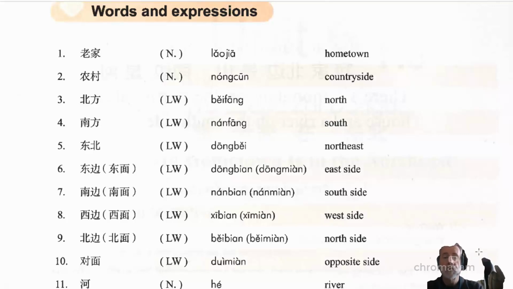Anyhow, moving on, we go to north and south. North is 北方, south is 南方. Here they're using the terms north and south in a very specific way. They're using it specifically to refer to the northern part of China and the southern part of China.